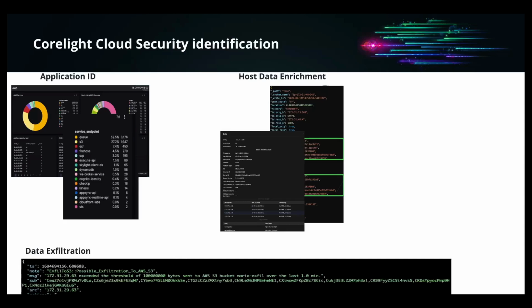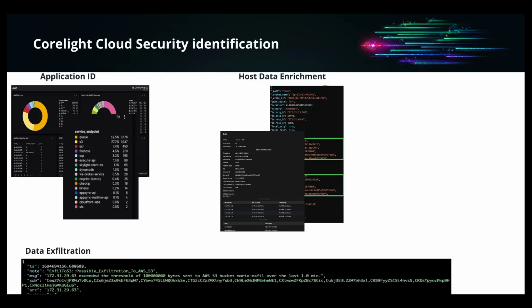Additionally, Corelight does some enrichment of host data by providing the security team with a detailed view of network activity for each host. And this is interesting because it adds context to raw data and it really makes it easier to identify anomalies and potential threats.